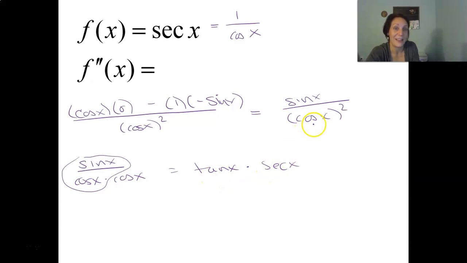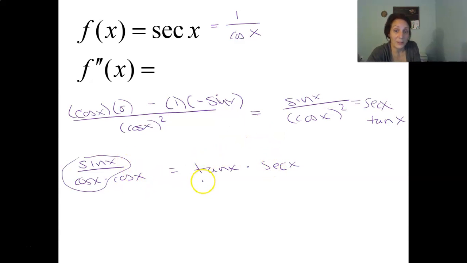It's sitting right there. In other words, the derivative of secant simplifies to secant x tangent x. So if I have sine x over cosine x squared, which is what this came out to, you can break it up. When you break it up, you get a tangent x and you get a secant x. So now I know the derivative of secant.